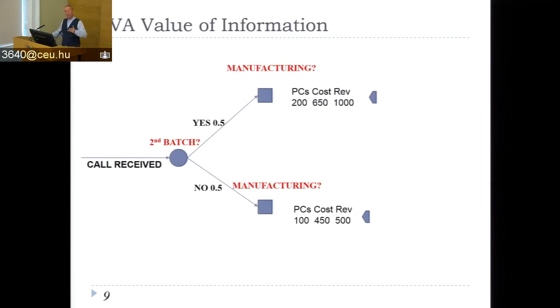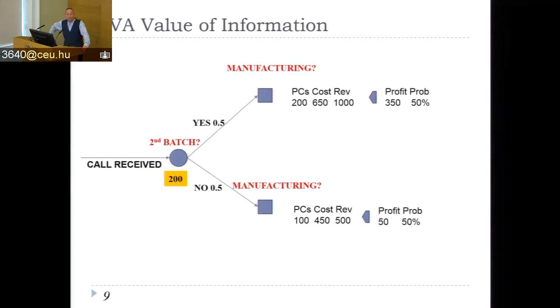Therefore, if the person there tells me that the tender will not be won by Boston Dynamics, I only manufacture 100,000, and therefore I'm making a $50,000 profit.